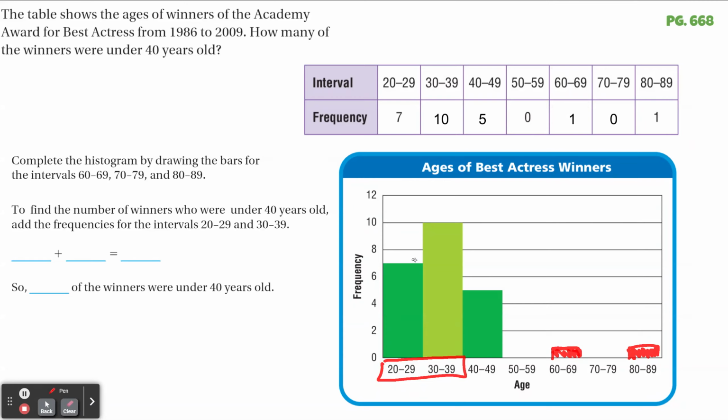So in 20 to 29, we have 7, and 30 to 39, we have 10. So the total number of winners who are under 40 years old is going to be 17. 17 of the winners are under 40.